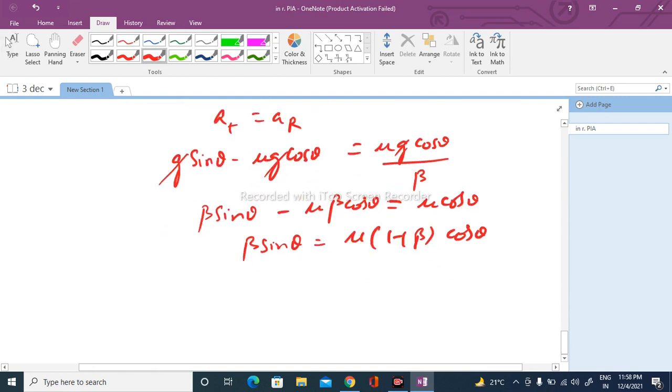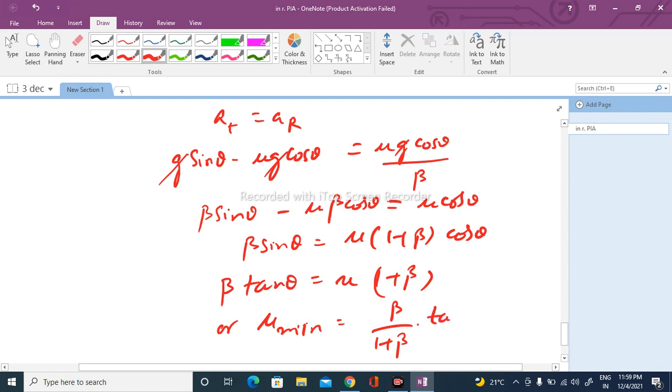Bringing cos to the left-hand side, tan theta is equal to mu into (1 plus beta) divided by beta. So mu, the minimum value we are taking, is beta by (1 plus beta) into tan theta.